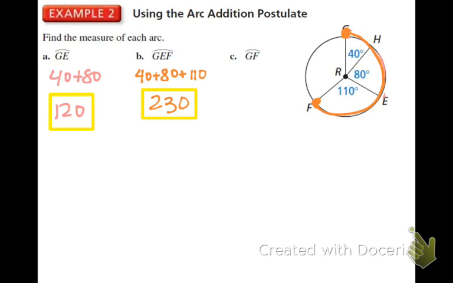Then last, we're looking for GF. You could do this one of 2 ways. Add it up and then subtract it from 360. What was the measure of GEF? We already found that, 230. So 360 minus 230, 130 degrees.